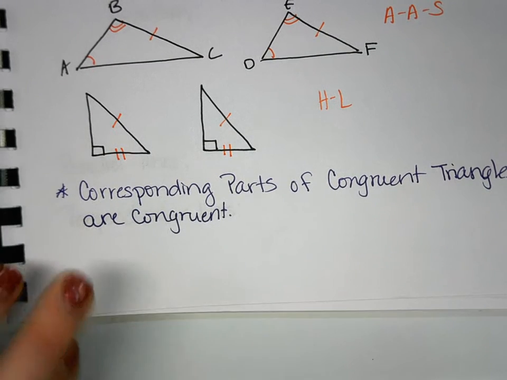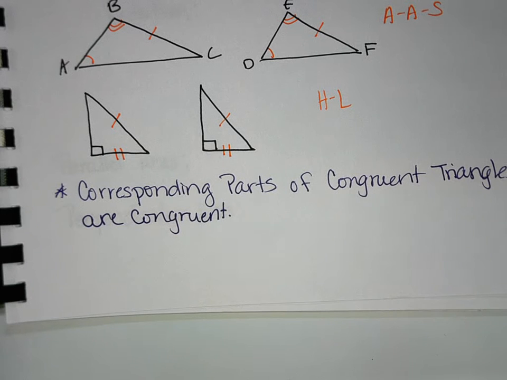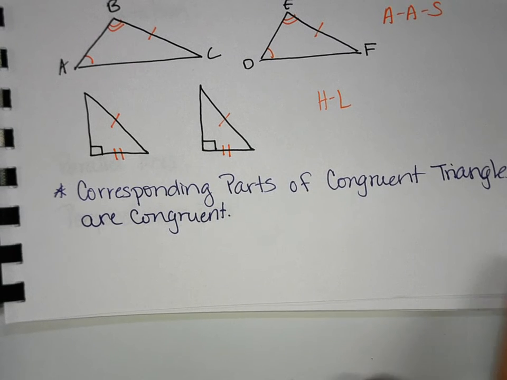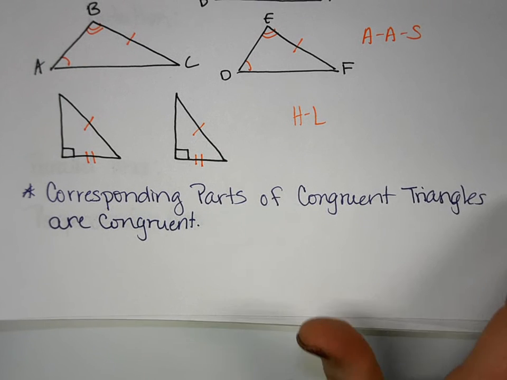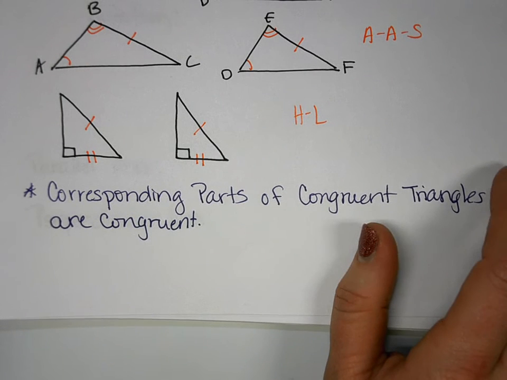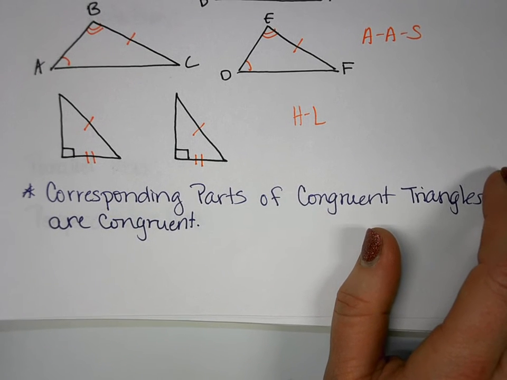We used this once we know 2 triangles are congruent, to make a following statement that says side blank is congruent to side blank because they're corresponding parts of congruent triangles. It was one of our reasons that we could use after we've said 2 triangles are congruent. Is this starting to ring a bell? Is it bringing it back to the forefront of your brain?